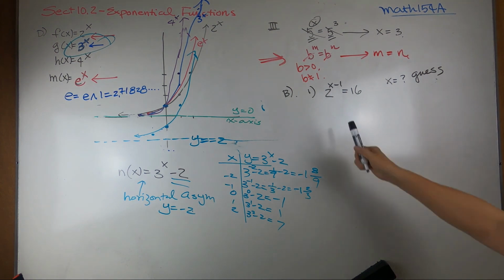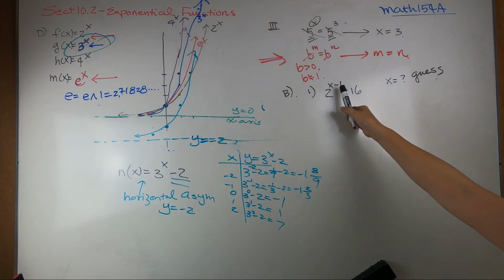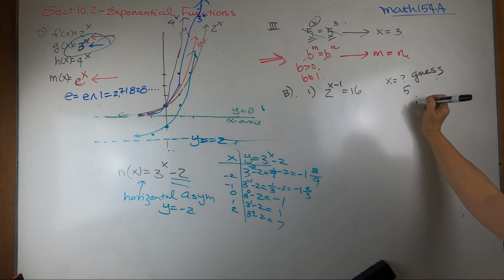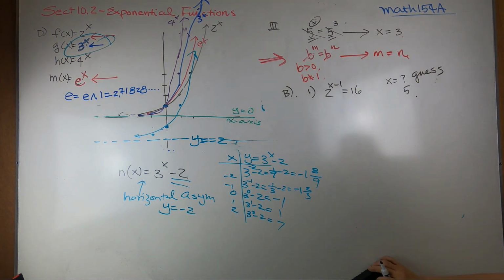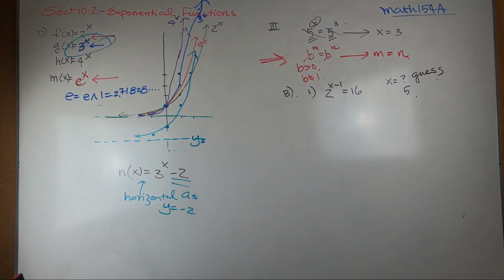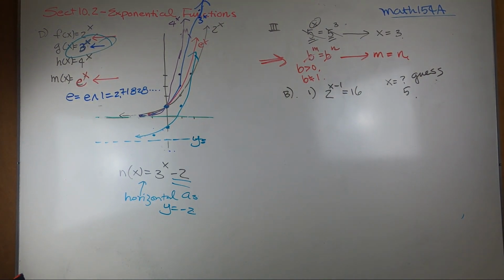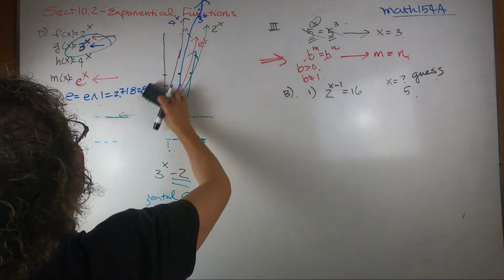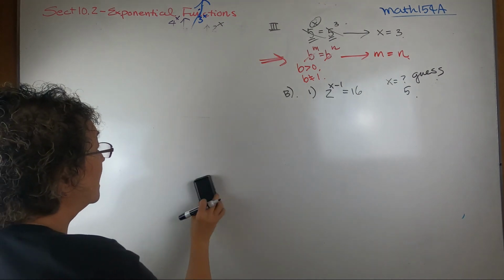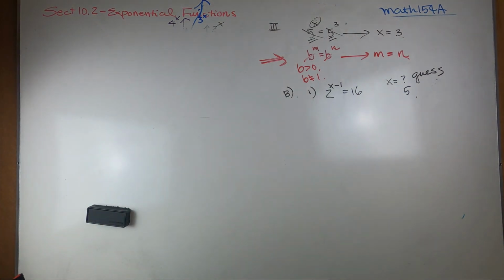If x is 5, 5 minus 1 is 4, 2 to the 4th power is 16. But how are we going to solve it systematically, so we can solve all the problems, not just by guessing or easy ones you can guess?